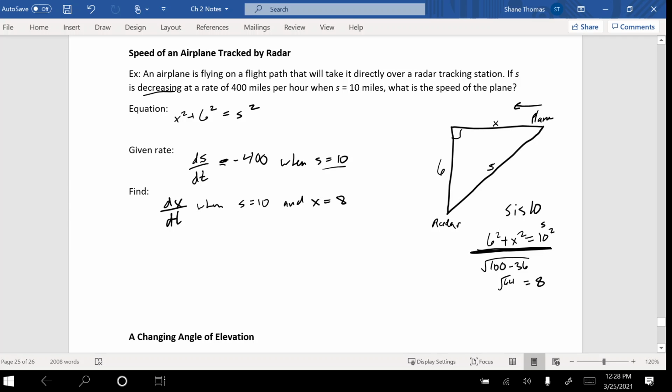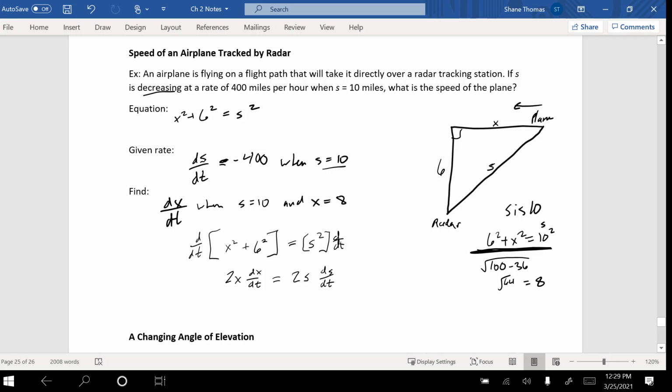All right, so let's take that equation. Let's differentiate that and then plug some stuff back in. All right, so I want to find d/dt of x squared plus 6 squared equal to S squared, d/dt. The left side is going to be pretty easy. I mean, 36 goes away. I'm looking at 2x and then dx/dt. And then on the right side, that's just going to be 2S times dS/dt.